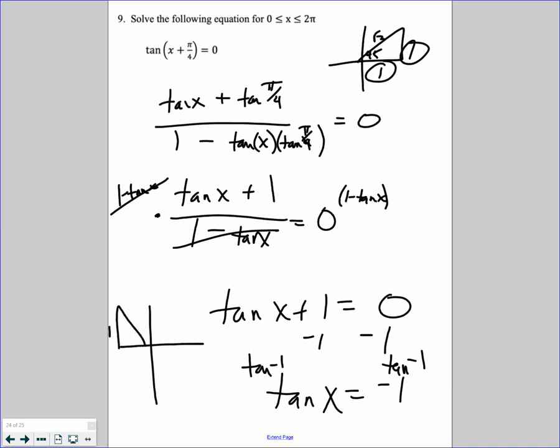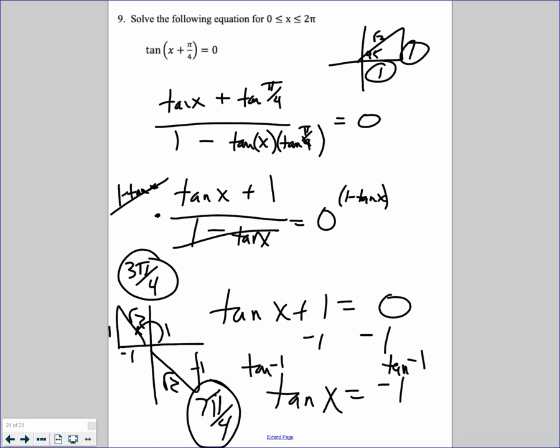In the second quadrant and in the fourth quadrant. And so what is that angle measure? You're talking about 3 pi over 4 and 7 pi over 4. So this is taking what we learned in section 9.3 and just taking it to a whole other level. So now we're including sum and difference and solving from section 9.3.